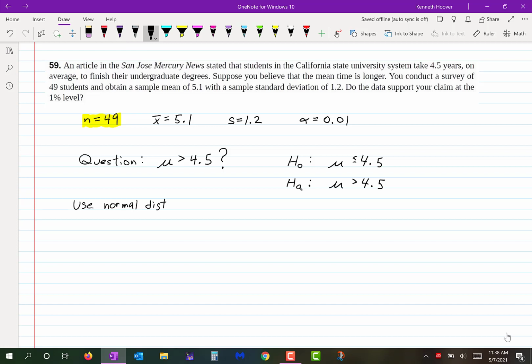And now you're going to say this. But how are we going to use the normal distribution if we don't know sigma? The answer is we just use S in place of sigma. And why?